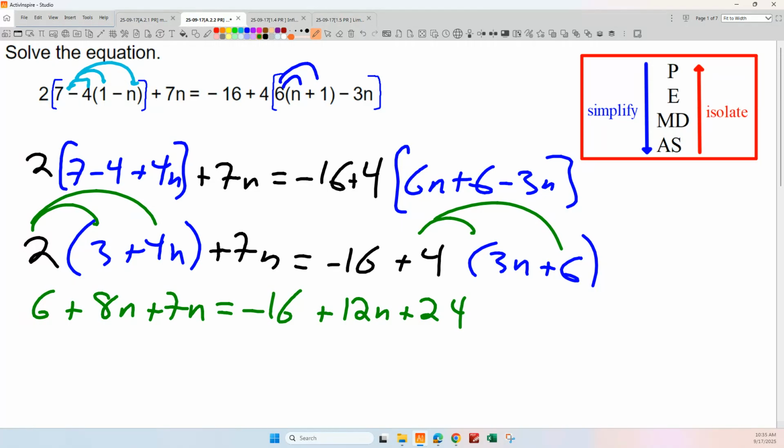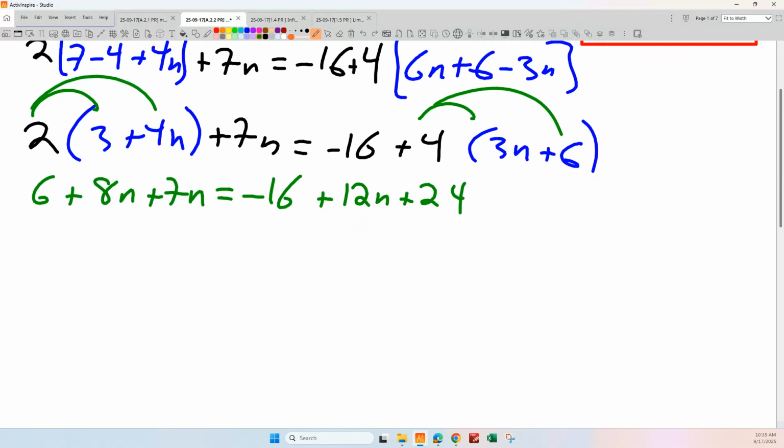Last simplification step? Combine like terms. Good. Okay. So those guys would combine to a 15n. Here I've got 12n. Negative 16 plus 24 is just 8.